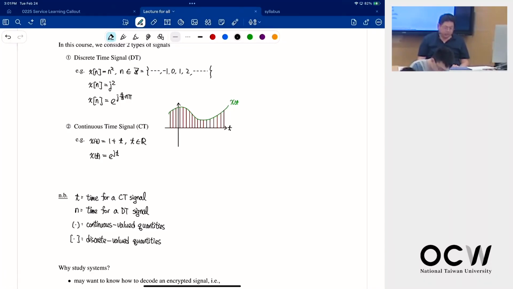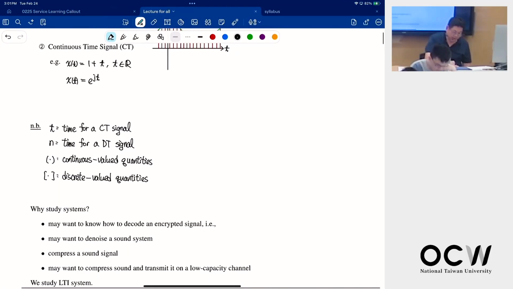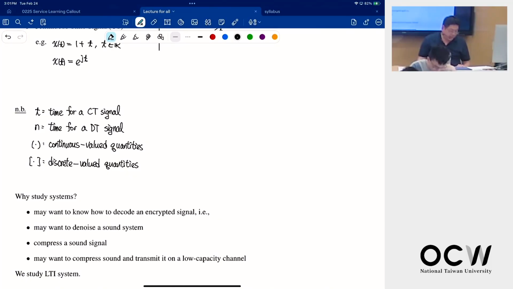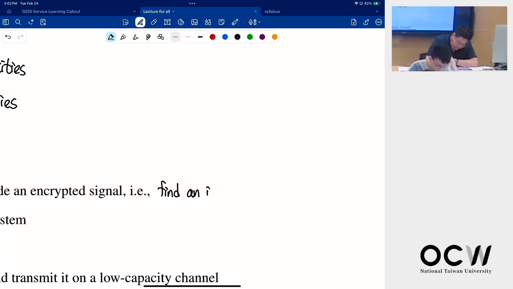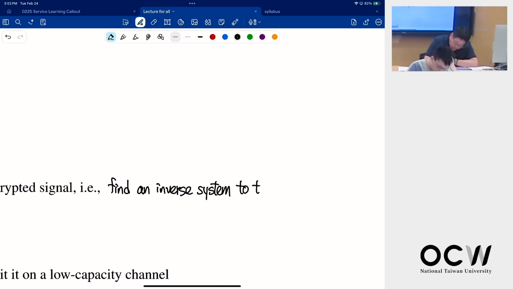Why do we need to study systems? There are many reasons. Like, for example, we want to know how to decode the encrypted signals. So sometimes I have encrypted signals. How do I decrypt it? Which means that I want to find an inverse system to the encoding system.